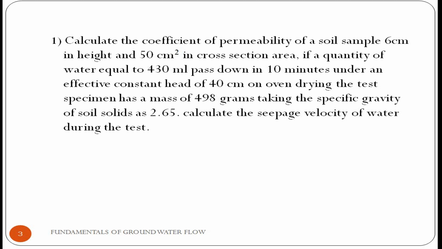So now let us see what the given data is here. The length of the soil sample is given as L is equal to 6 centimeters, and area is 50 centimeters square.